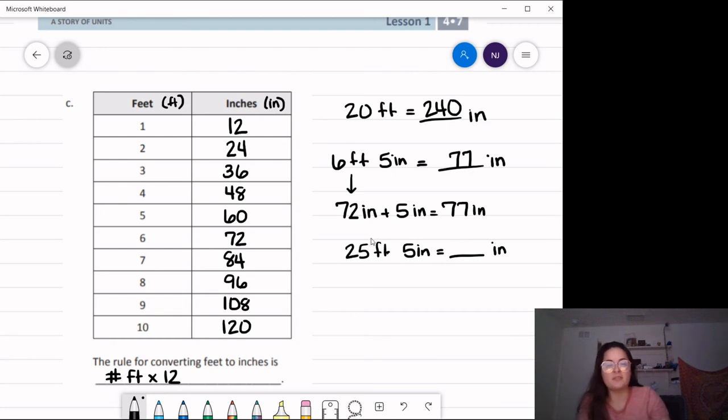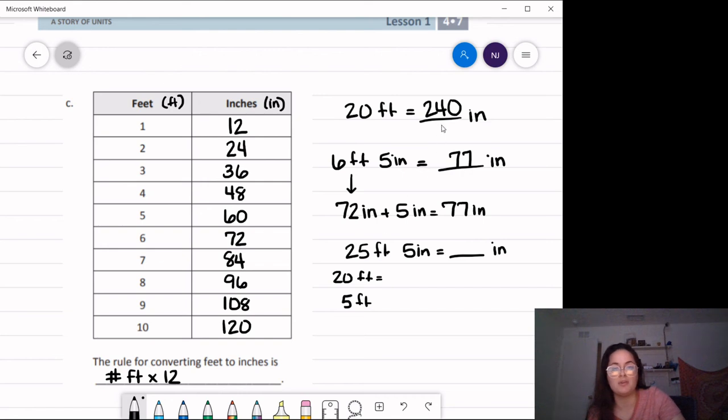We could have done this in a variety of ways. You probably are thinking of some strategies that you used for our other conversion questions. So one thing you could do is you could do 20 feet and turn that into inches, and then 5 feet, turn that into inches, and add it on to the 5 inches we already have.